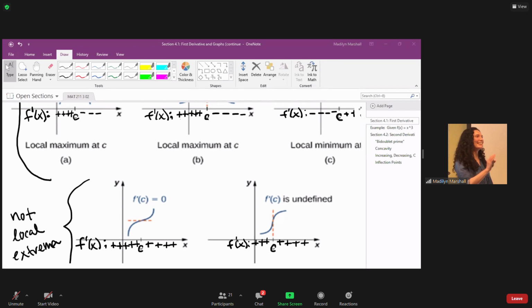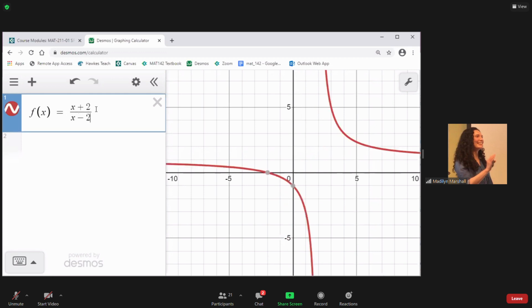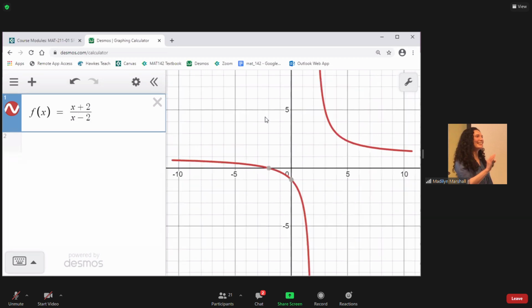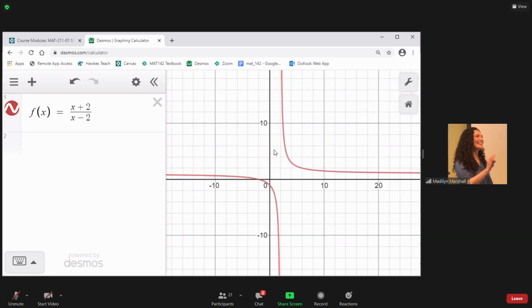And so let me bring up Desmos real quick. And let's look at x plus 2, x minus 2. So this one has an asymptote at x equals 2, which is why it's not defined there. So there's no inflection point at x equals 2 because there's just no function there.